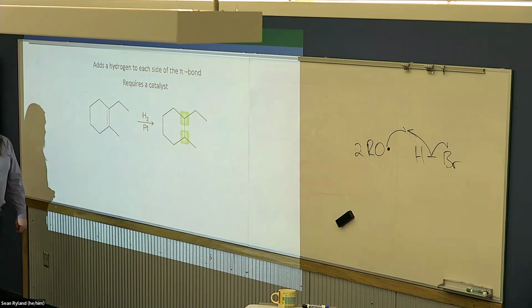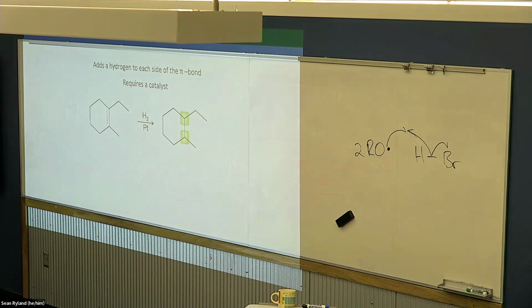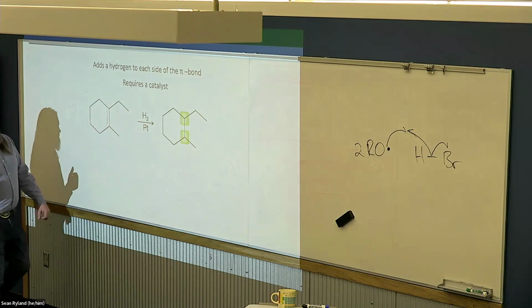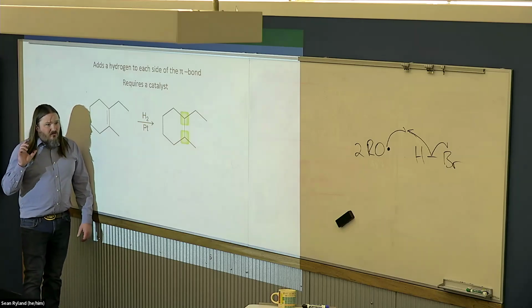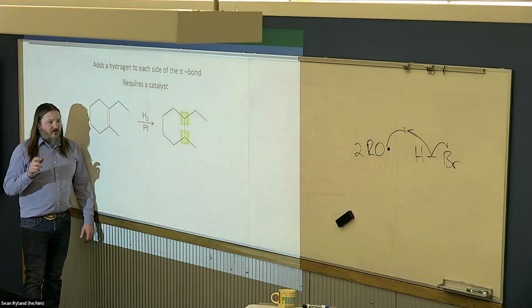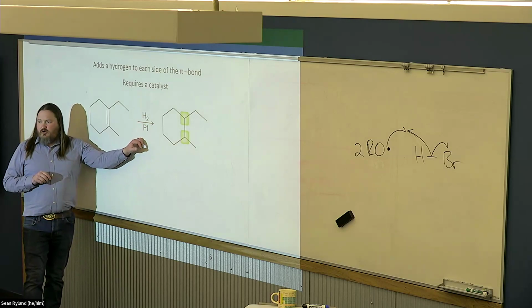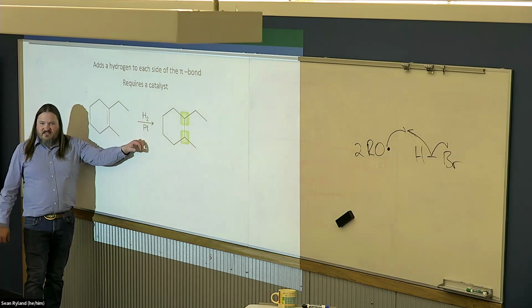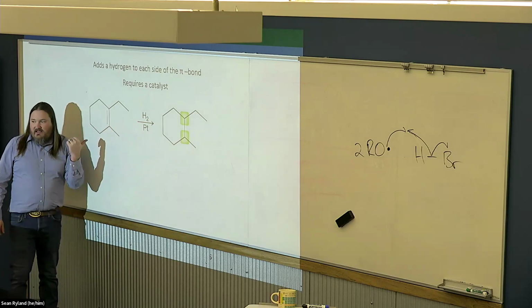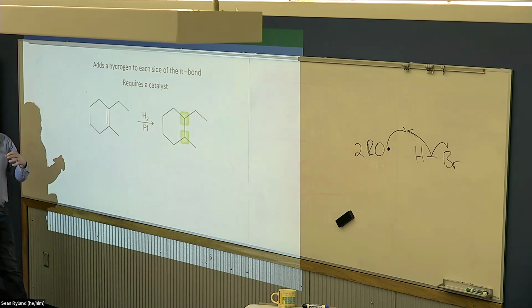However, you can do this really easily if you have a metal catalyst. And we'll see a lot of cases. There's a lot of the rare earth metals that are really, really good organic catalysts. That's what a catalytic converter is basically, it's just a whole bunch of platinum, palladium, and rhodium.